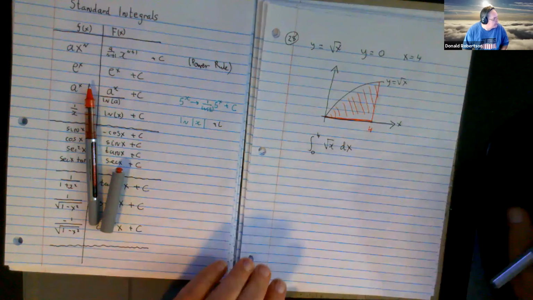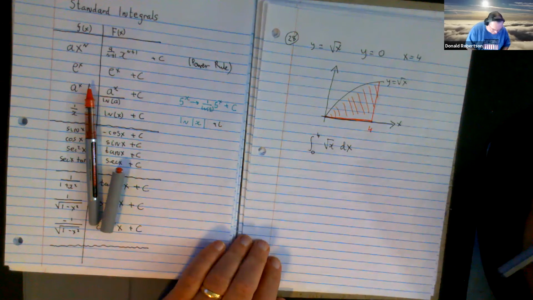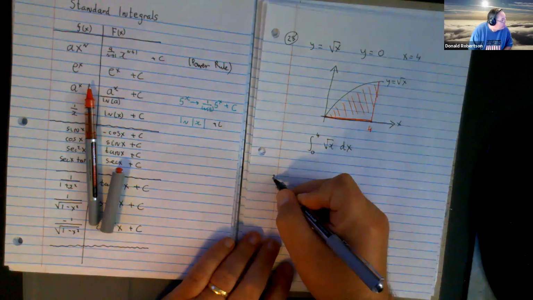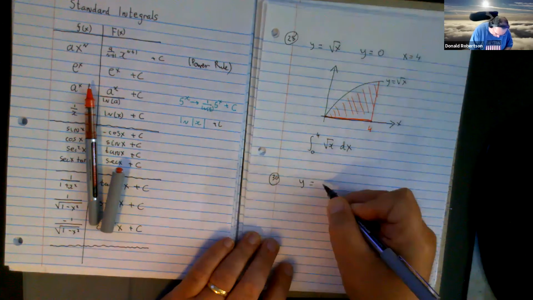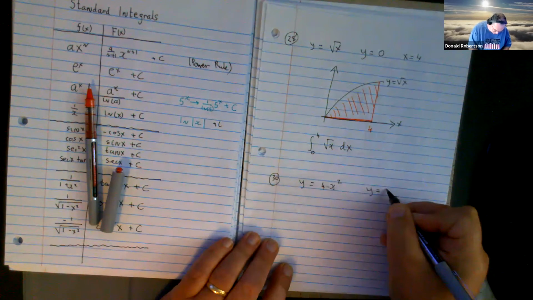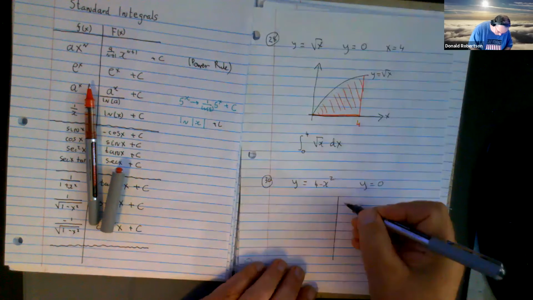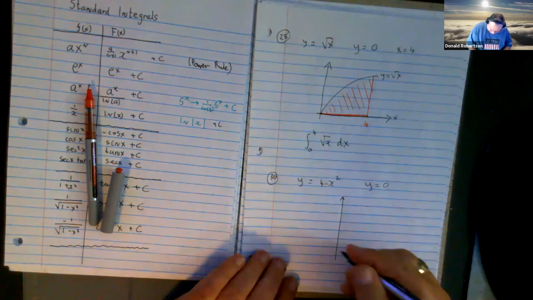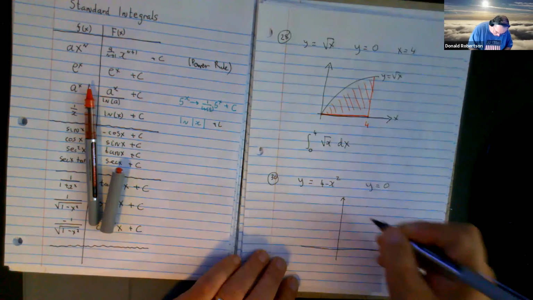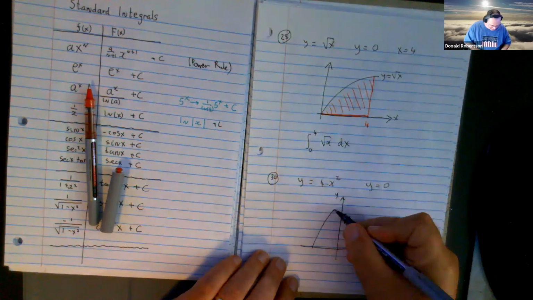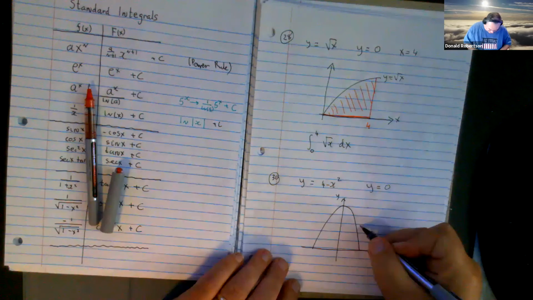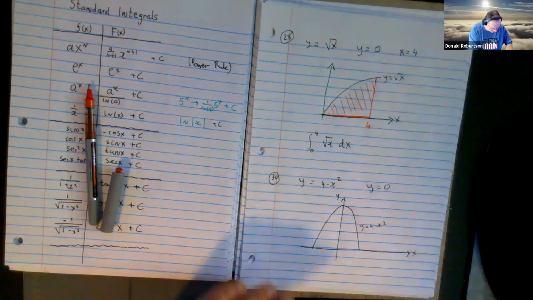How about the next one, which is going to be 30. It's going to be y equals 4 minus x squared and y equals 0. Let's do a sketch of what that would look like. And 4 take away x squared would look like that, and y equals 0 would be the x-axis.